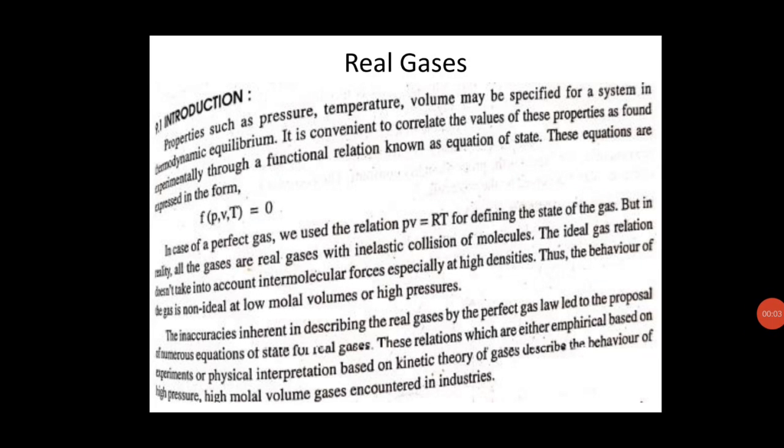Now, having discussed ideal gas mixtures, we shall look at real gases. In real life, we have real gases only. Basically, for ideal gases, we have two beliefs. One is that the gas molecules don't occupy any volume.